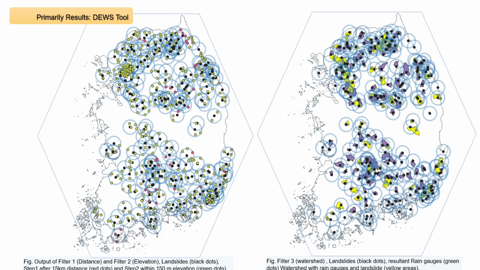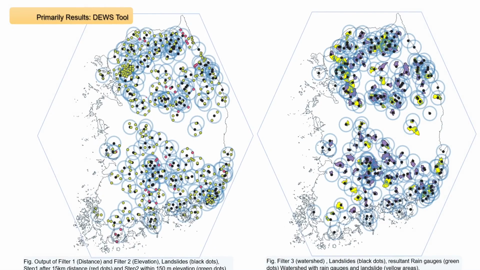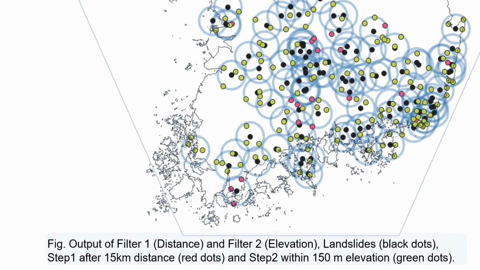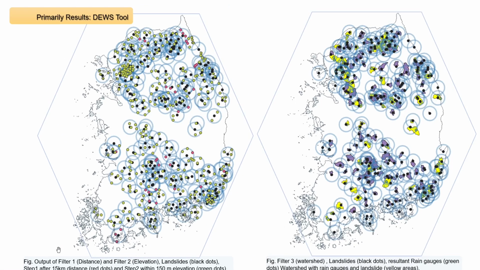How does it work? If you see filter one, this is the study area, and those blue circles are a distance of 15 kilometers from the landslide.